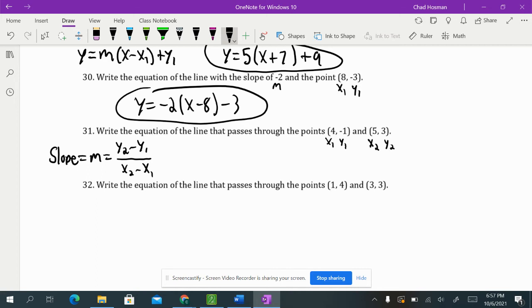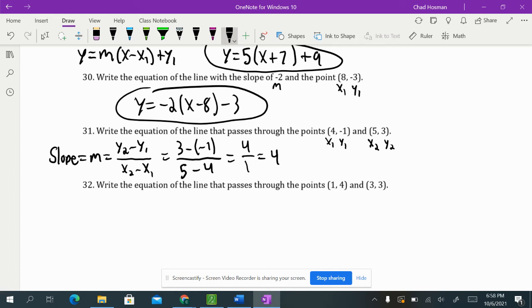So we're going to do y2 minus y1, which is 3 minus negative 1, all over x2 minus x1, so 5 minus 4. 3 minus negative 1 ends up being 4, and then 5 minus 4 ends up being 1, so our slope is 4.